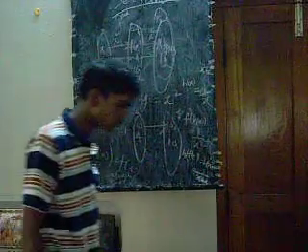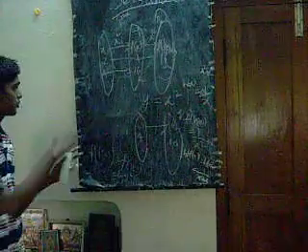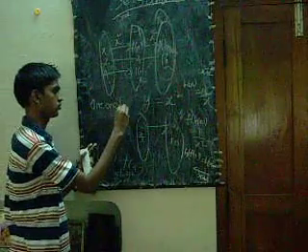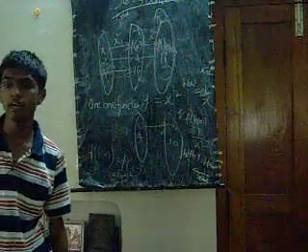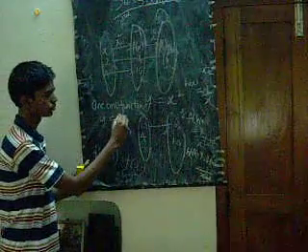Now let us take a few definitions of different types of functions. There is something called a one-one function. If every element in the domain has only one image in the codomain, that is known as a one-one function. For example, y equal to x plus 2.